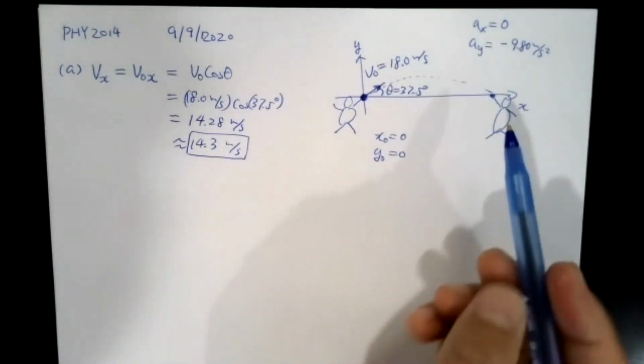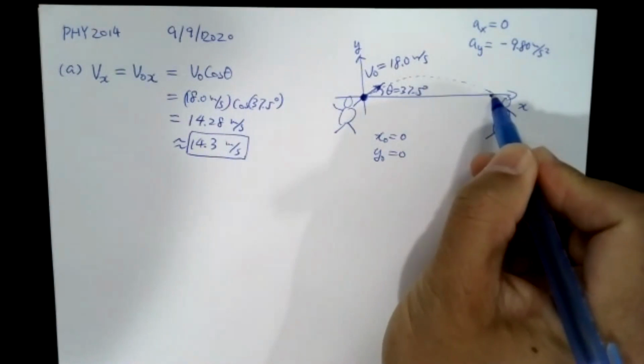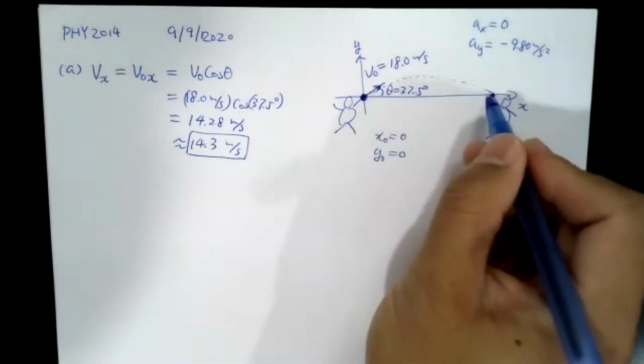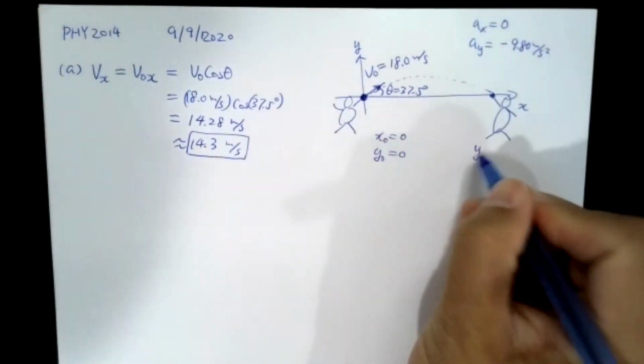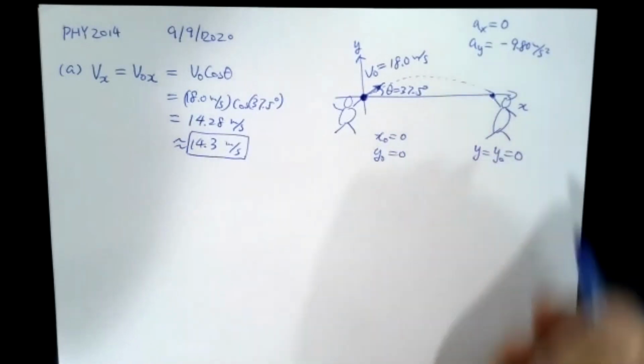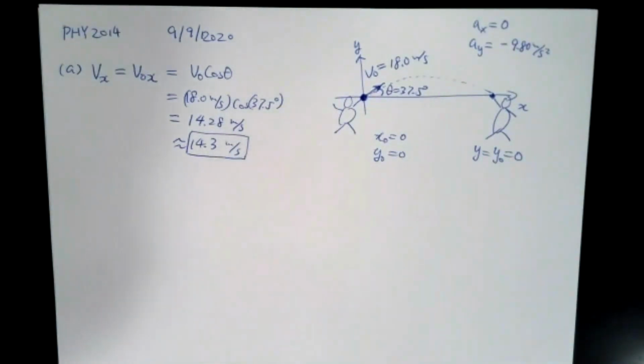Also, because it's being caught at the same level, the final y will be equal to the initial y, which is also 0. So 7 pieces of information are available. Although the problem only gave you 2 numbers, you can in fact get a lot more information on top of those 2.